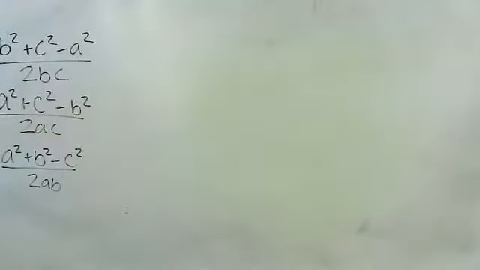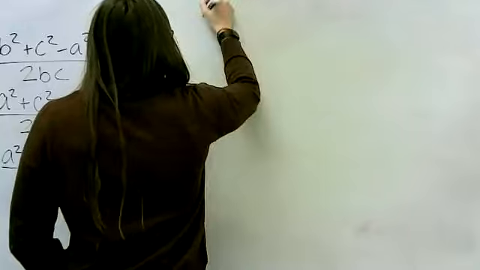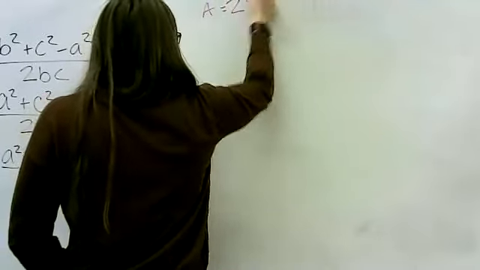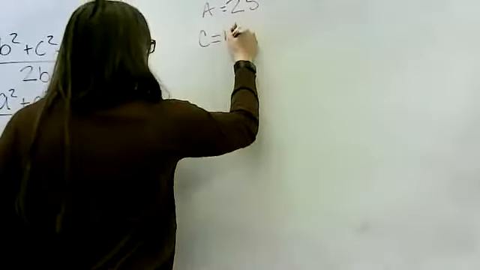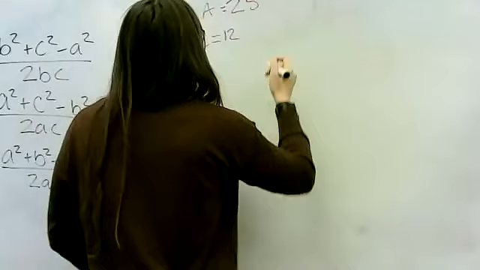You are given B, A, and C. So little b is 9. A is 25 degrees, and C is 12. So let me attempt to draw this out again.